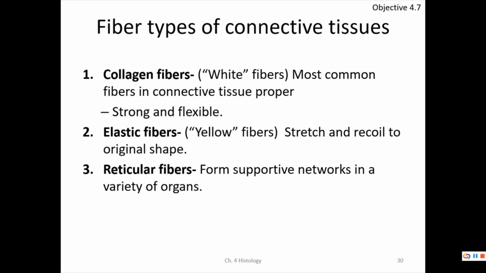But after a man wears them for a long time and sweats in them, they begin to turn yellow and dingy, and now they're really stretchy. That's the elastic fibers, that worn out elastic. So the elastic fibers are called yellow fibers, and the collagen fibers are called white fibers.